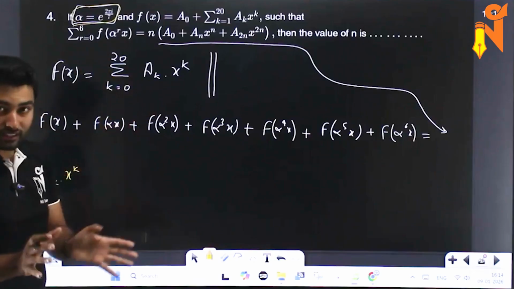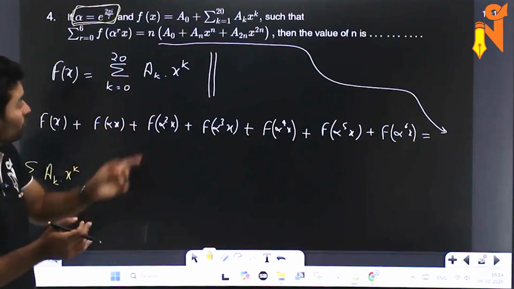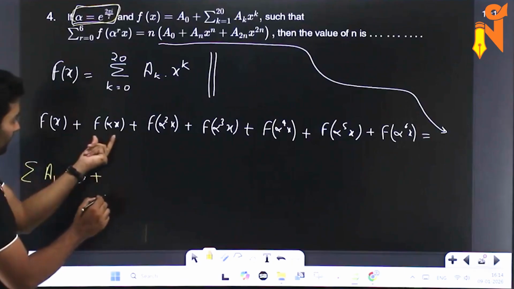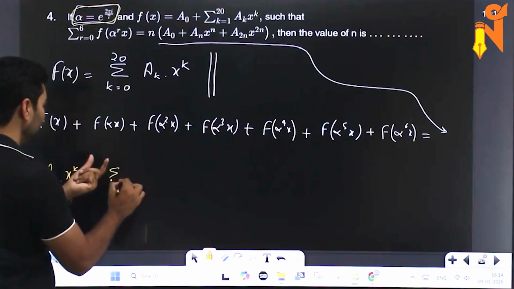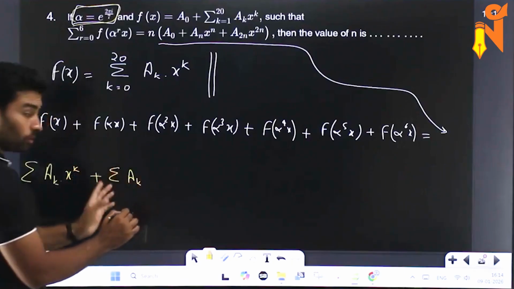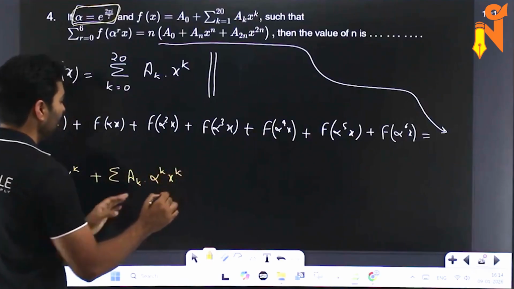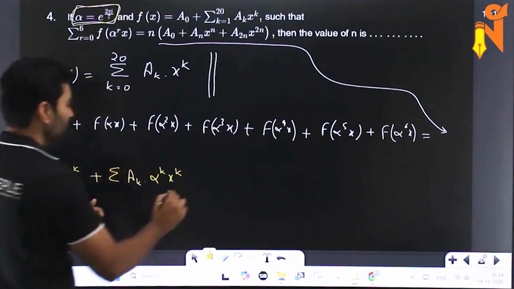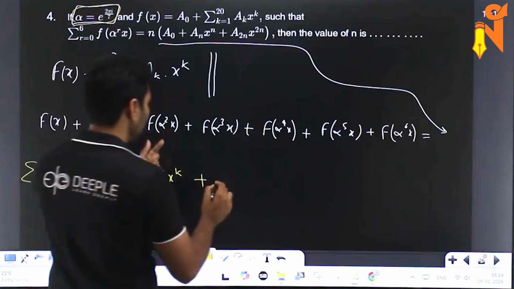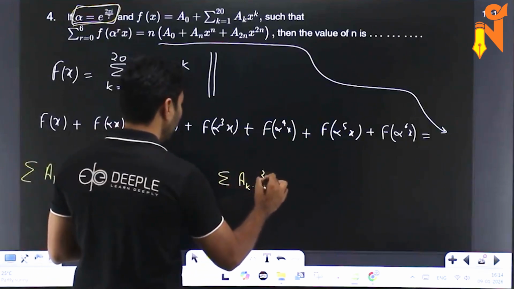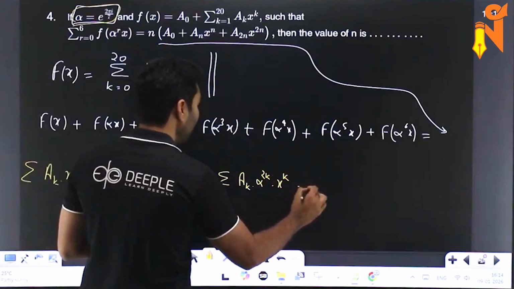Ak will not change because x is not here, x is only here, right?